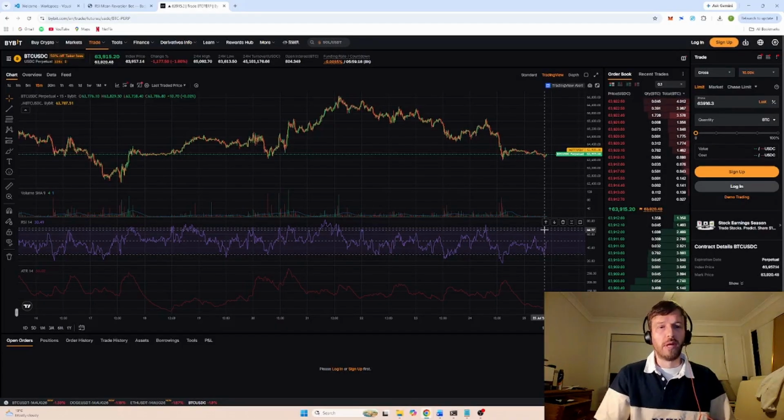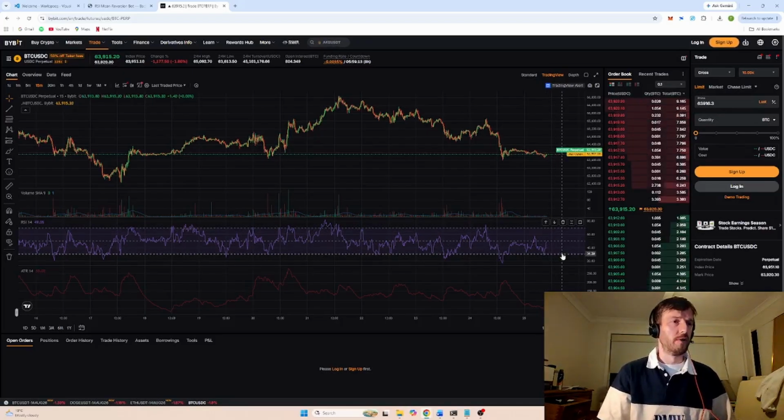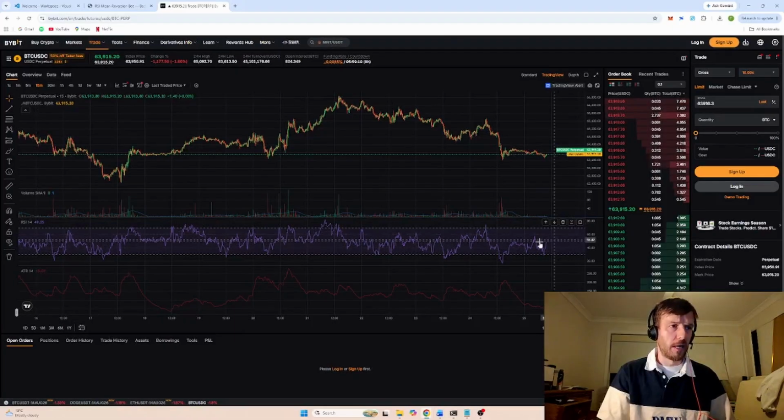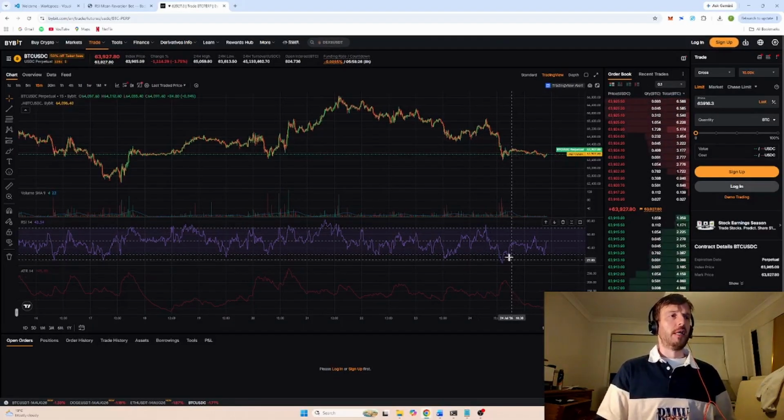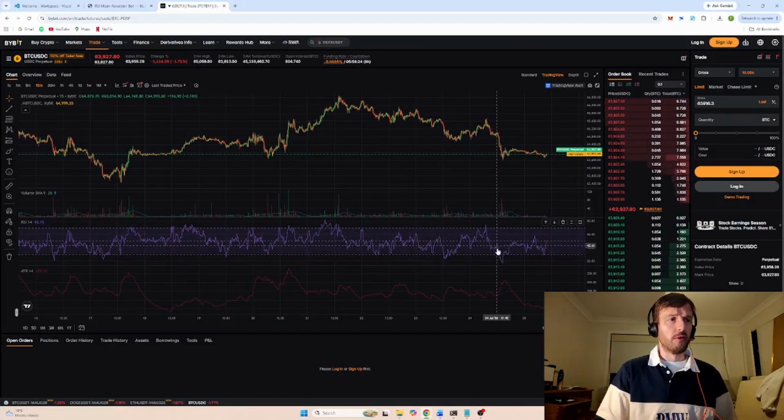So I've just got Bybit up here, looking at the market that we'll be trading in. And this here is the RSI 14 indicator. As you can see, this is the 30 number that we mentioned and the 70 number. The general idea is that once it crosses either of these thresholds, we bet on a reversal.